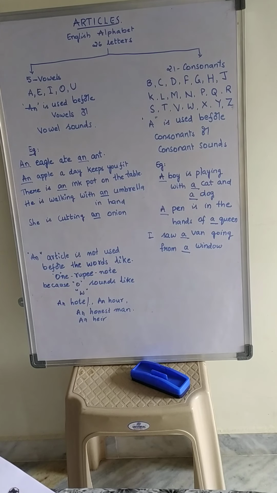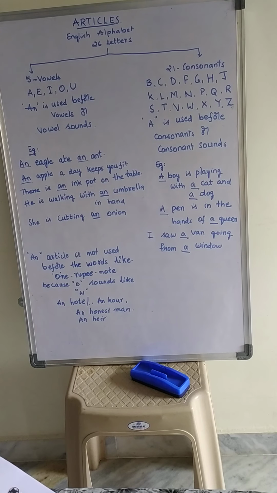Next, the remaining letters except the vowels, that is B, C, D, F, G, H, J, K, L, M, N, P, Q, R, S, T, V, W, X, Y, Z. So the remaining 21 letters are called consonants.